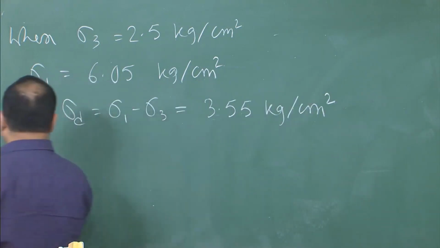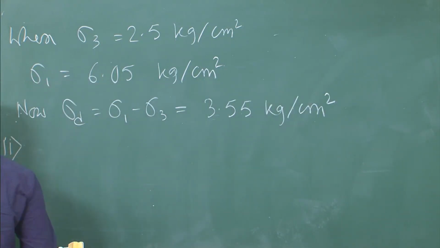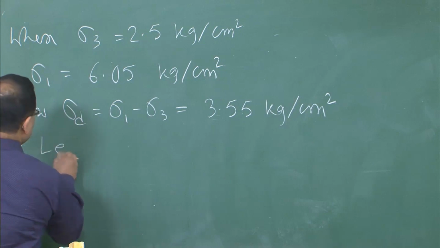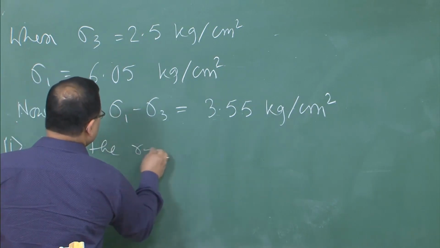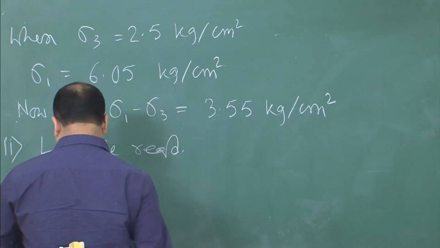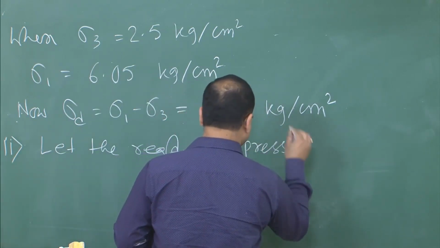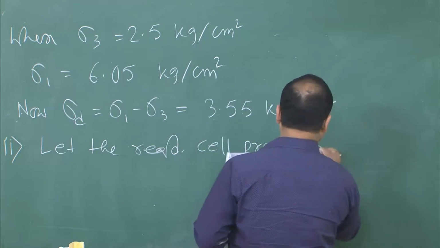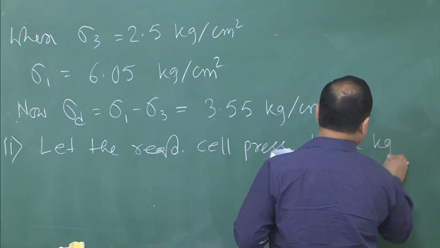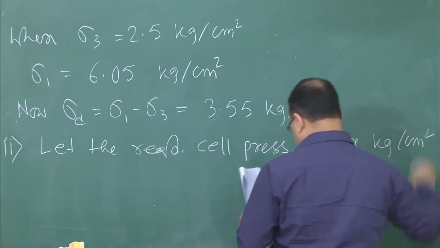Now, in the second part, let the required cell pressure be x kg per centimeter square.